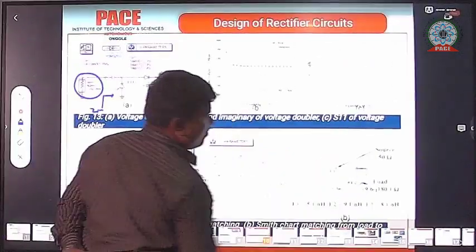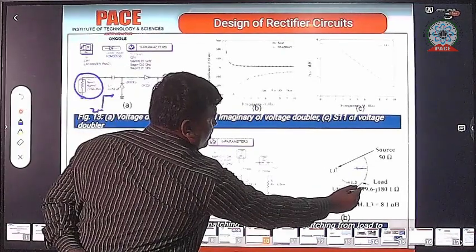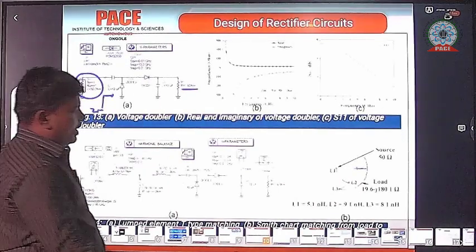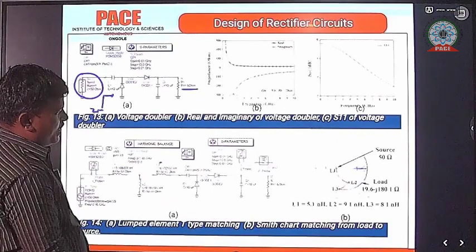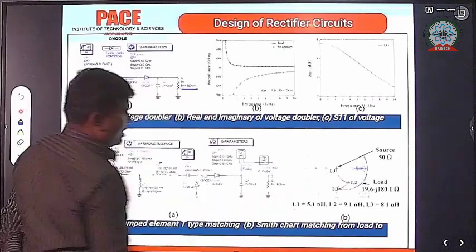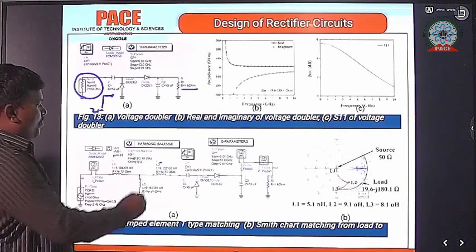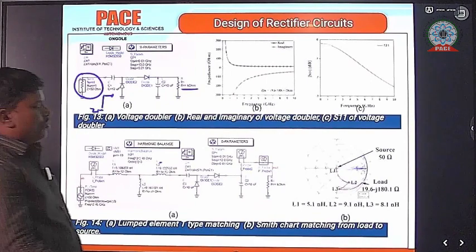Here we add a series inductor, which is considered L3. The inductor is 8.132. Whenever we apply this 8.132 inductor, the imaginary part is nullified. Then only the 19.6 real part is there.